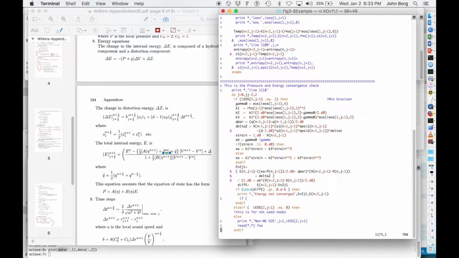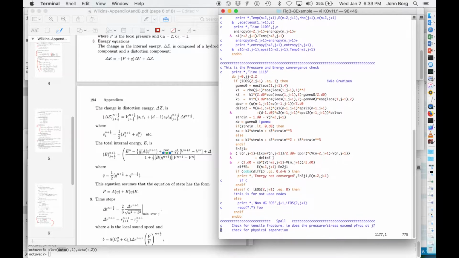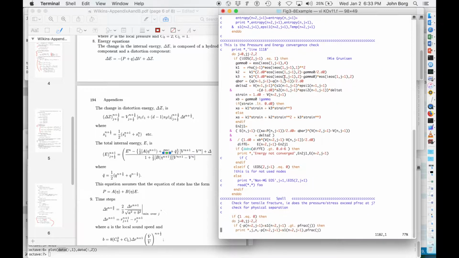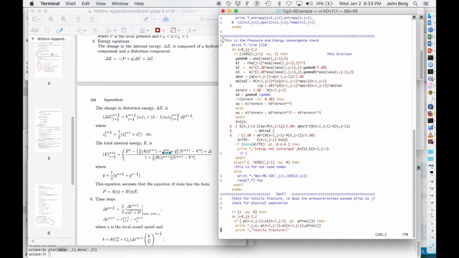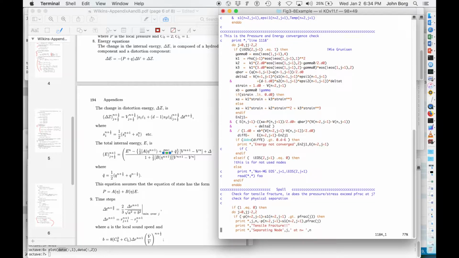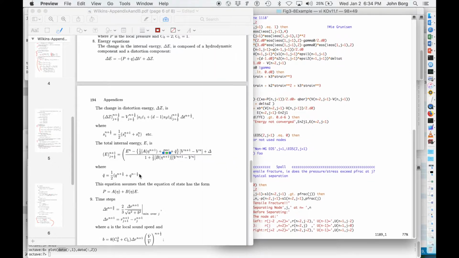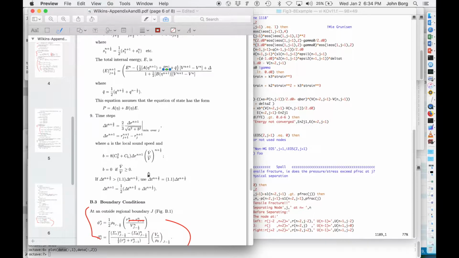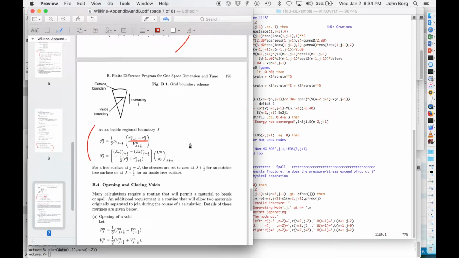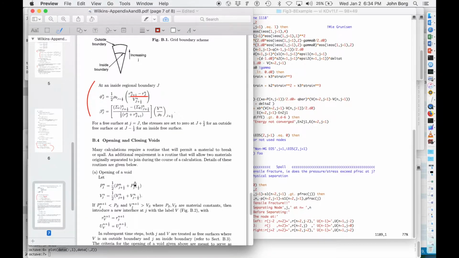And then I wanted to do some total energy checks and things like that. So I included this section of the code here where I calculate energy and pressure just to see what's going on. I did include this SPAL section, which is discussed in Wilkins' book in the appendix about opening and closing voids.